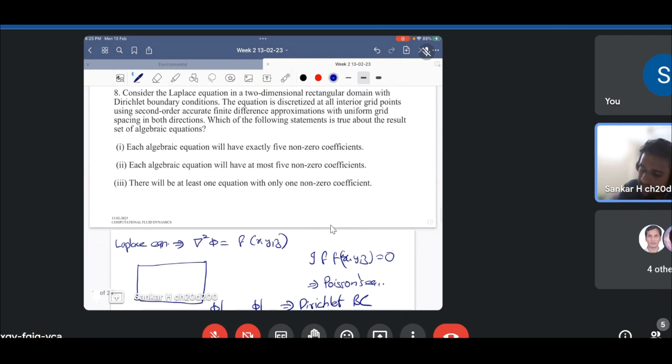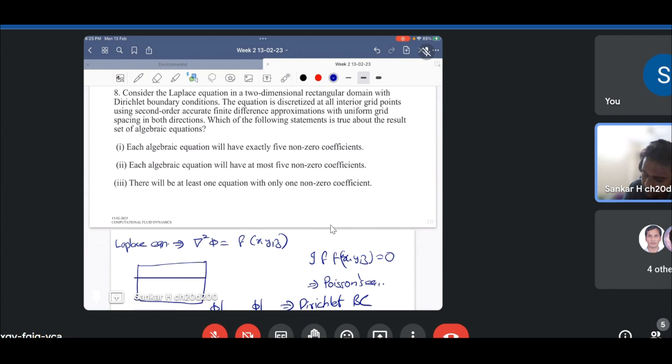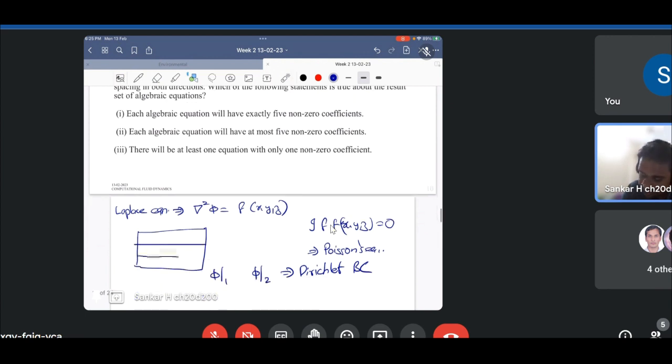The equation is discretized at all interior grid points using second-order finite difference approximation with uniform grid spacing in both directions. So accordingly, we are also discretizing this domain using our finite difference approximation.